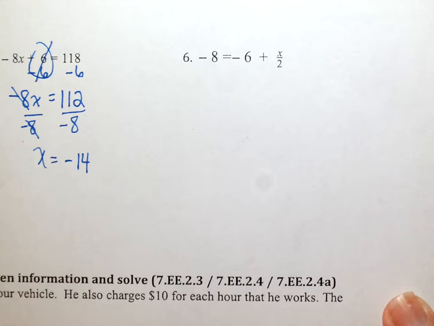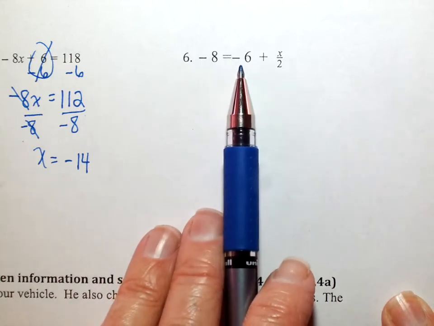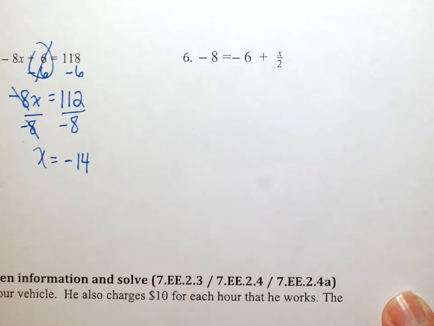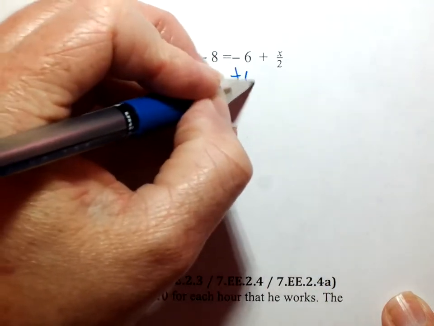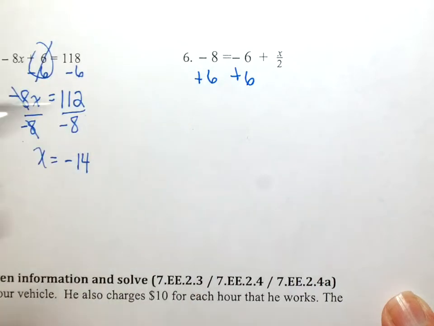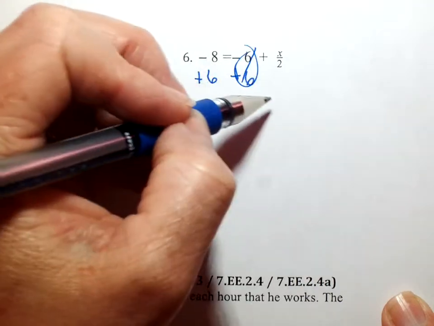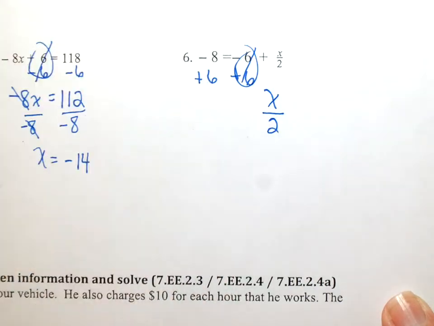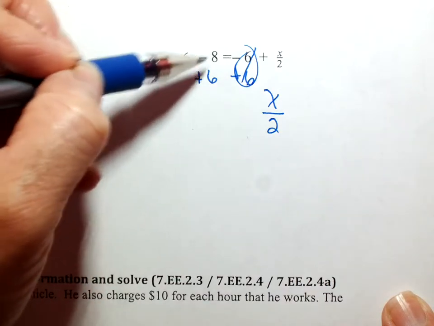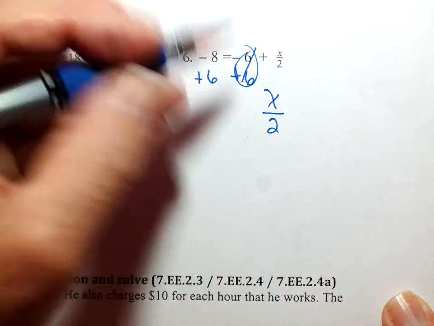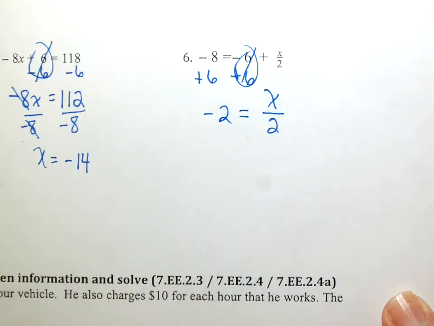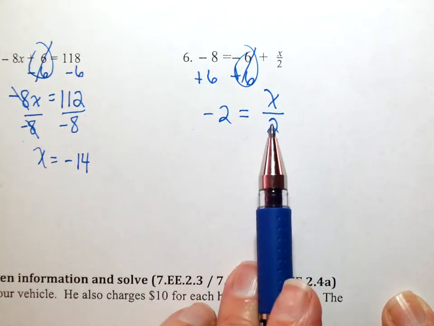Okay? On this one I see I have a -6 as my constant. So I need to add 6 to both sides. These cancel out, so I'm left with x divided by 2, -8 plus 6 is a -2. Now this is a little different.